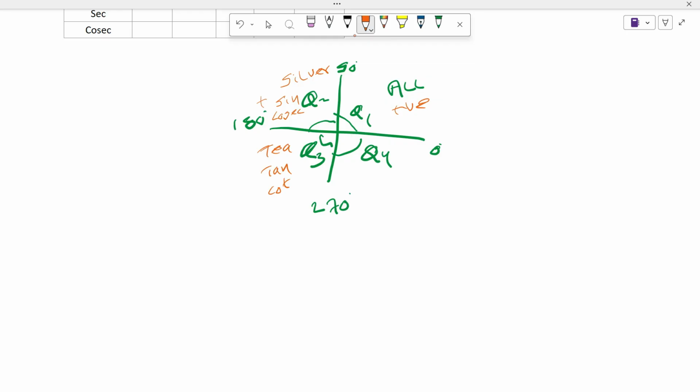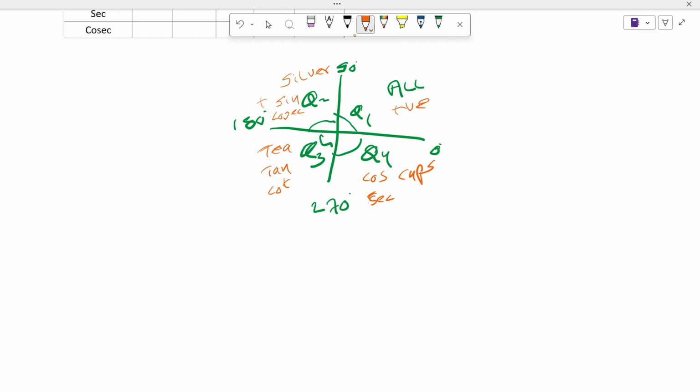And coming to the fourth quadrant, Cups, C. Here cos is positive, and its reciprocal, secant theta, is also positive. Only these two will be positive, and the rest are defined, but they are negative.